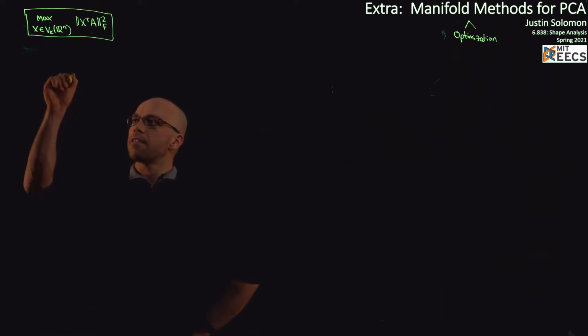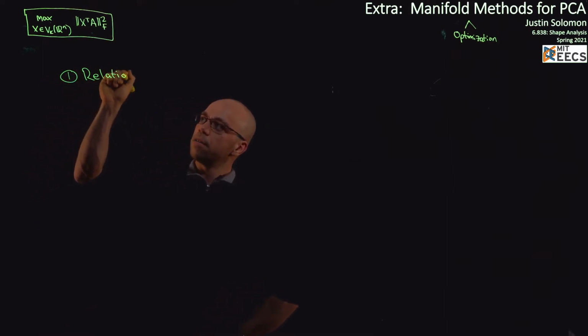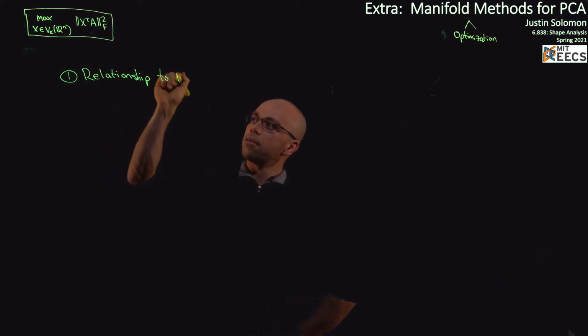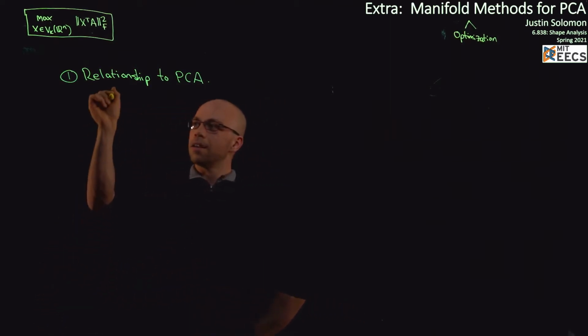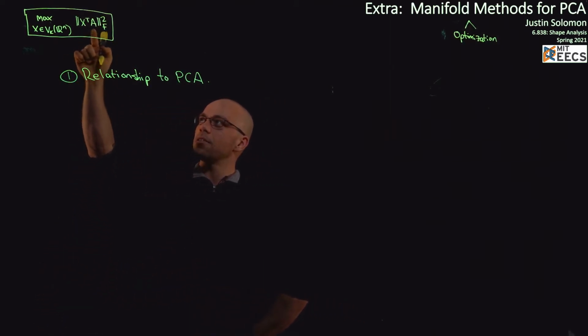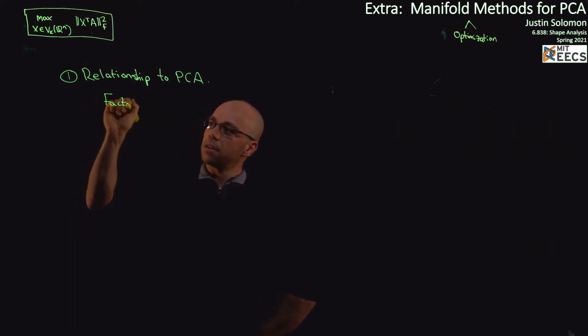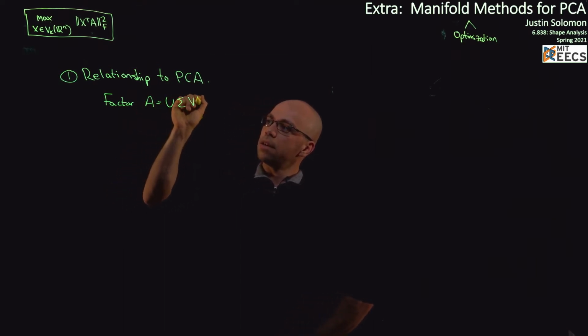So to start, let's derive the relationship of this formulation to principal component analysis. In order to do that, we can compute the singular value decomposition of our matrix A. In particular, we will factor A equals U sigma V transpose.